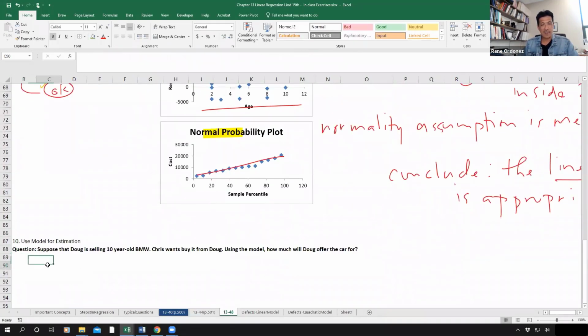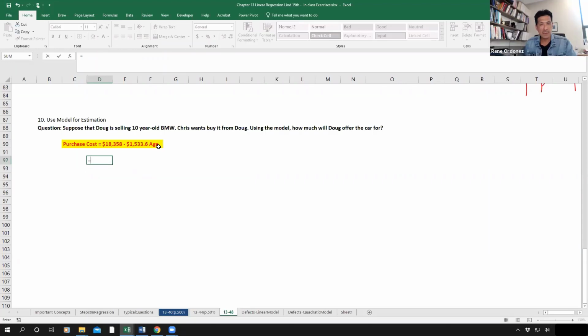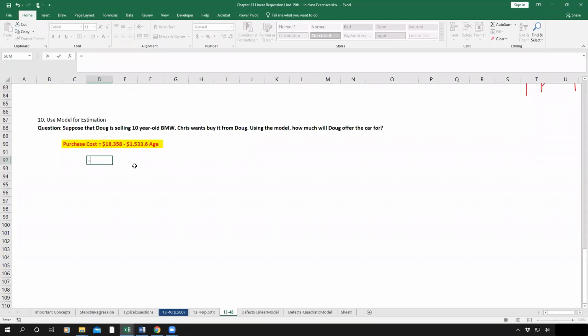Okay, at this point, let's see, who's here today? Stella, okay, thank you. Would you just multiply, for every year that it ages, it goes down $1,533? So would you multiply that by 10 and then just subtract the 10-year decline in the amount of money from the $18,358?